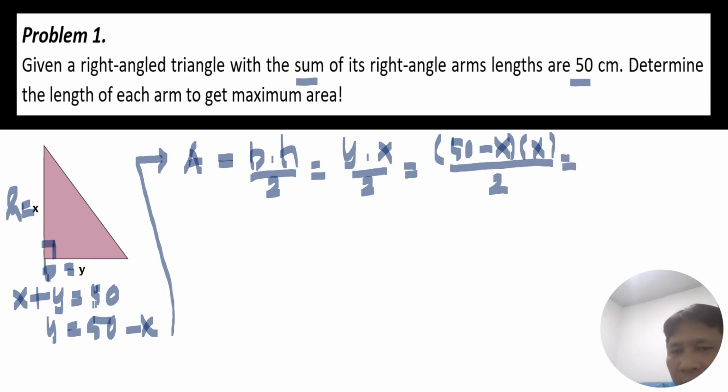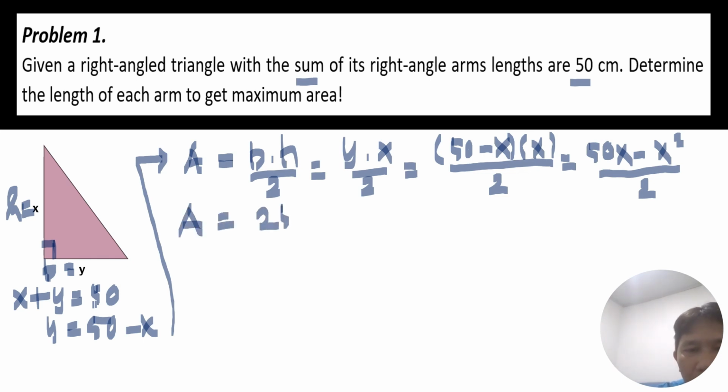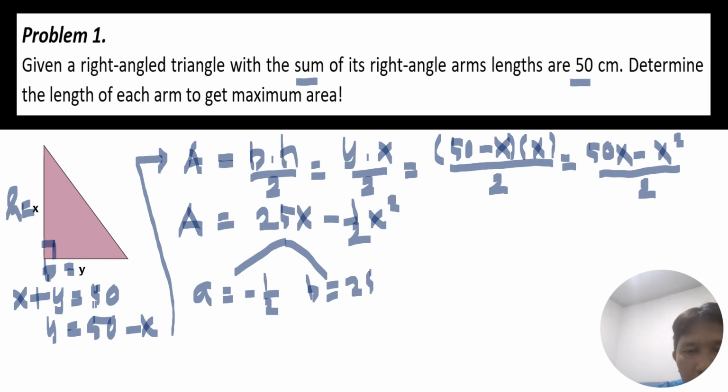Then we can get 50x minus x squared over 2. Then we can make it simpler, become A equals 25x minus half x squared. According to this function formula, we know that the value of a equals minus half, b equals 25, and c equals nothing or 0.